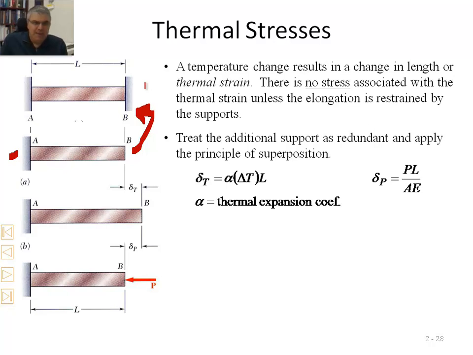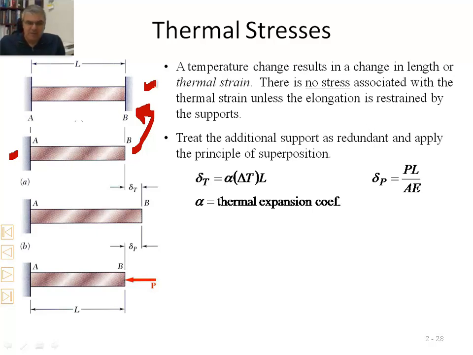So if we add the additional support and apply the principles of superposition, AB, the way it's shown up here, is an indeterminate structure up to 3 degrees.